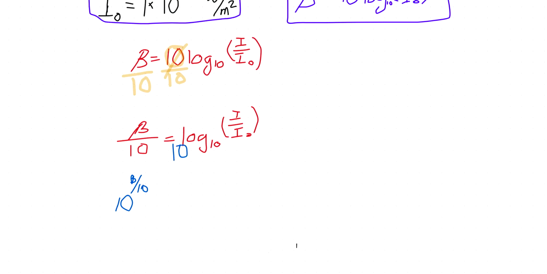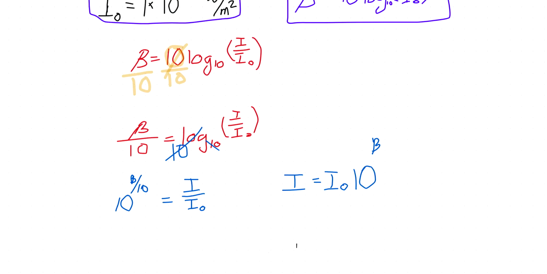So 10 to the beta over 10 equals I over I naught. And then finally, what is I? Well, it is I naught, the threshold of hearing, times 10 to the power of our decibel level divided by 10.